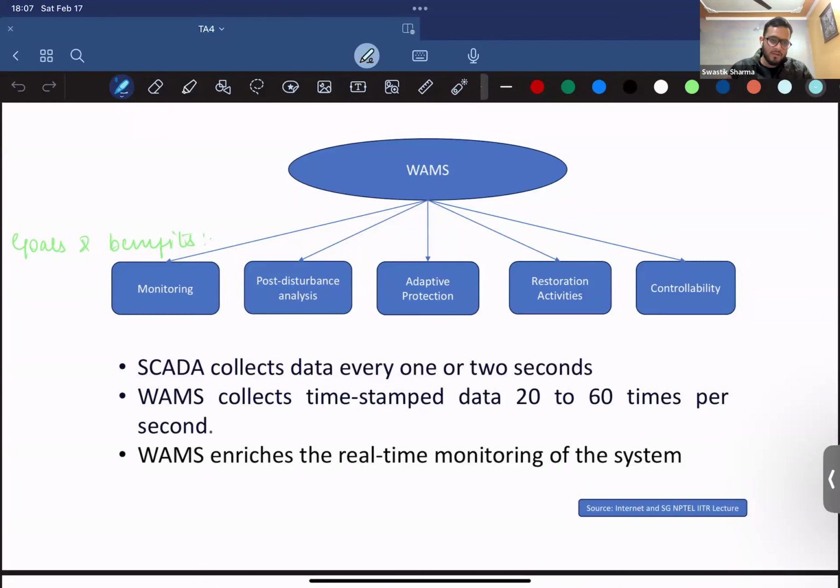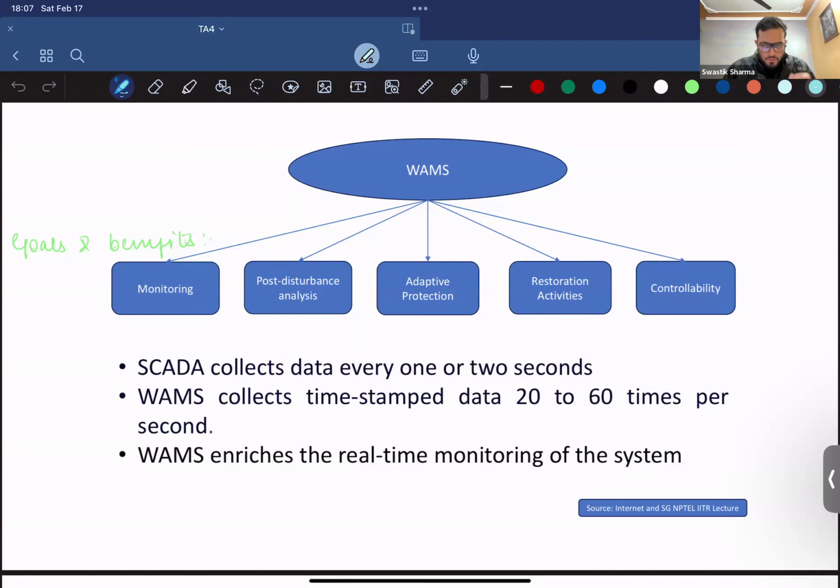SCADA at that point of time was doing its job, well suited for the purpose. Now, when different DERs are integrating into the power systems, we need to start thinking of how to evolve these monitoring systems as well. So that's where WAMS, or wide area monitoring system, came into the picture.